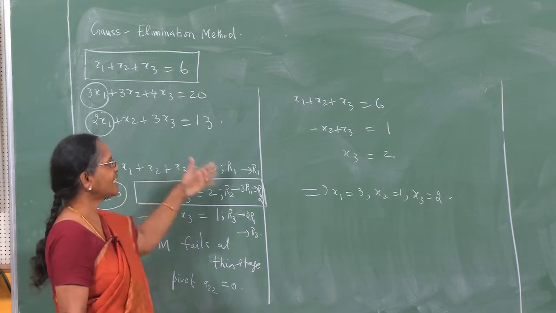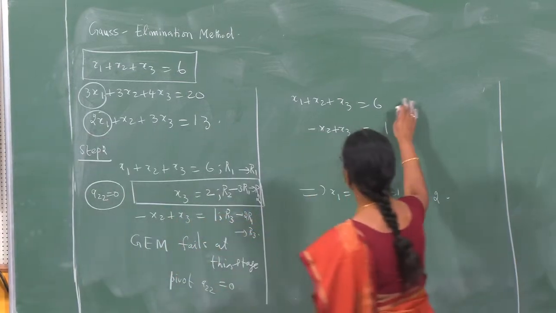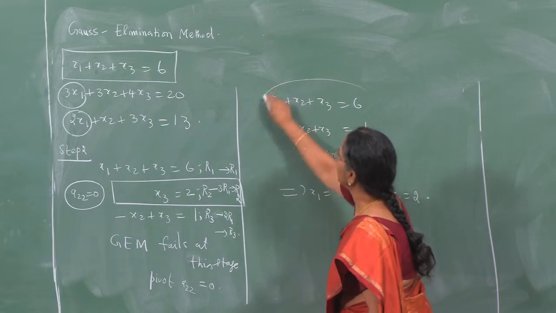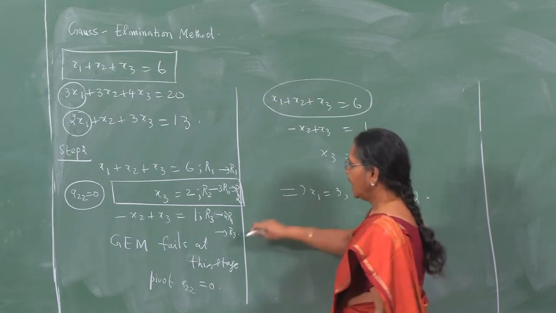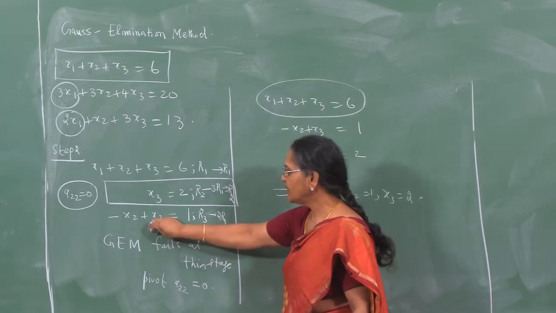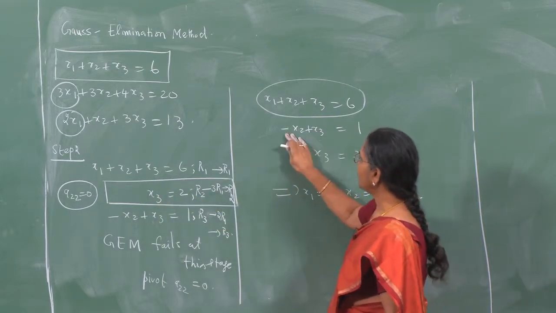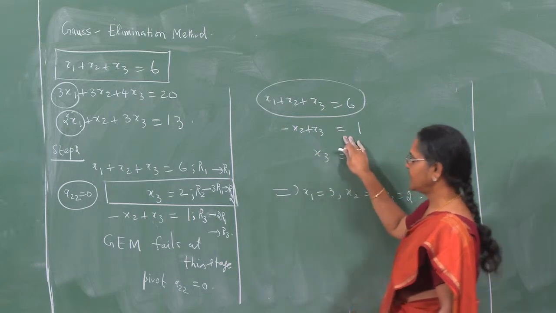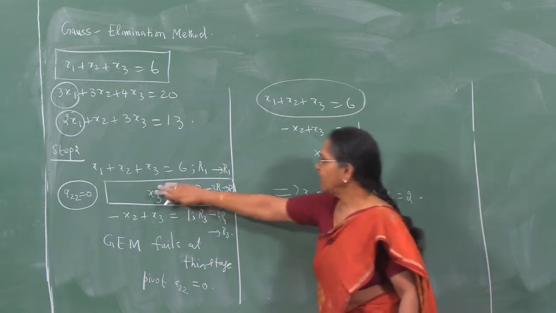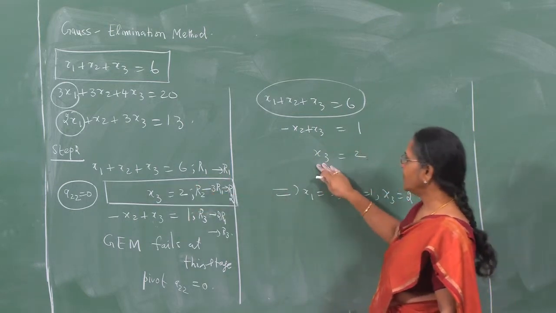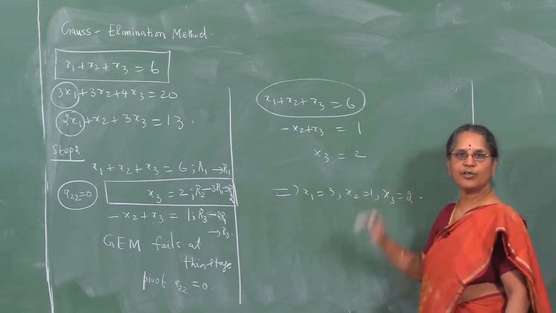So, I consider a system of equations now in which the first equation remains as it is. I have interchanged the third equation with the second equation. So, brought the third equation as the second equation. So, it is minus x2 plus x3 is 1. And the second equation comes here as the third equation. So, x3 is equal to 2.